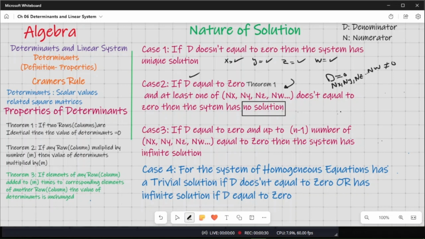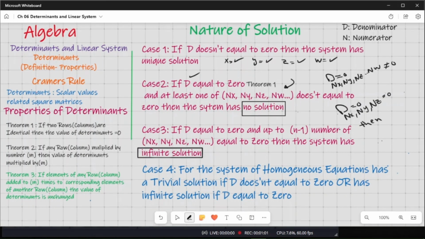Okay, so here d equal to 0, and if I have a system of order 4, so nx, ny, nz equal to 0, then the system has infinite solutions.